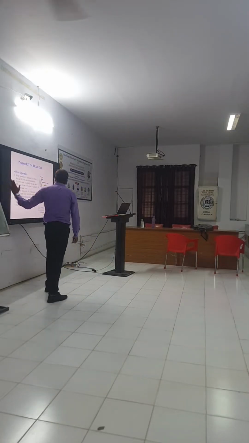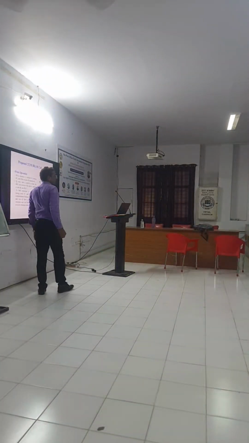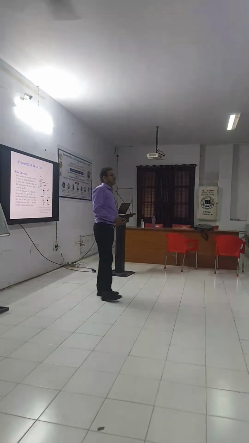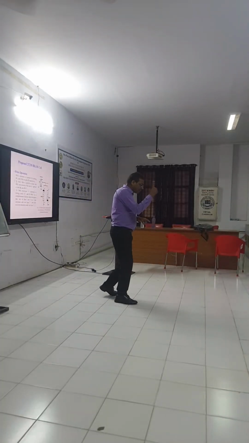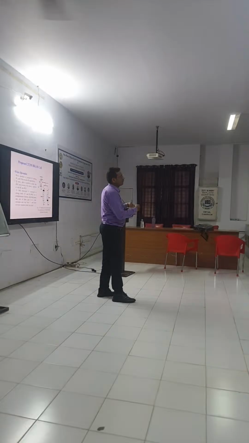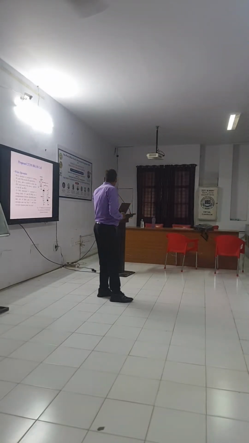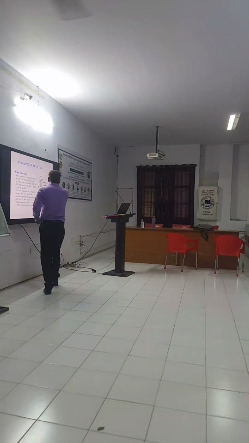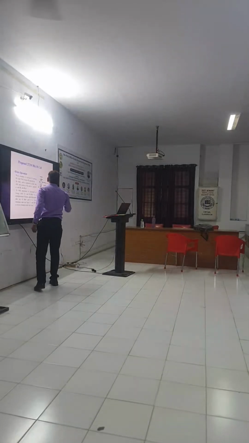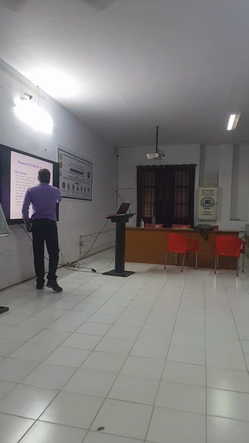So word line and word line bar are connected. This is nothing but the bit cell. A bit cell means it can store one bit of data only, either 0 or 1. This is the storage node, where we can store 0 or 1.